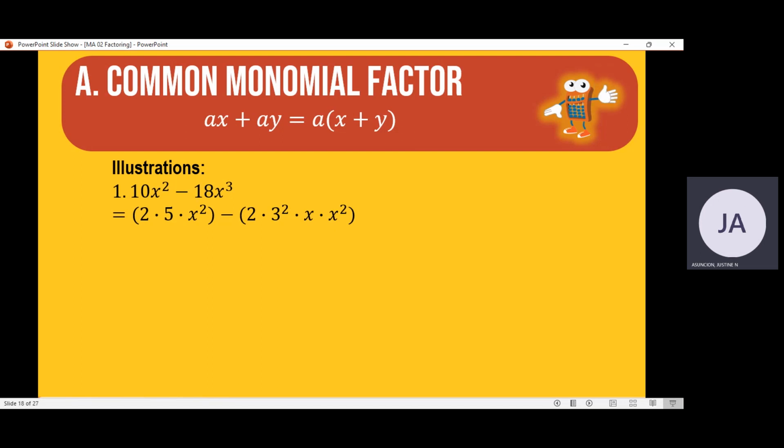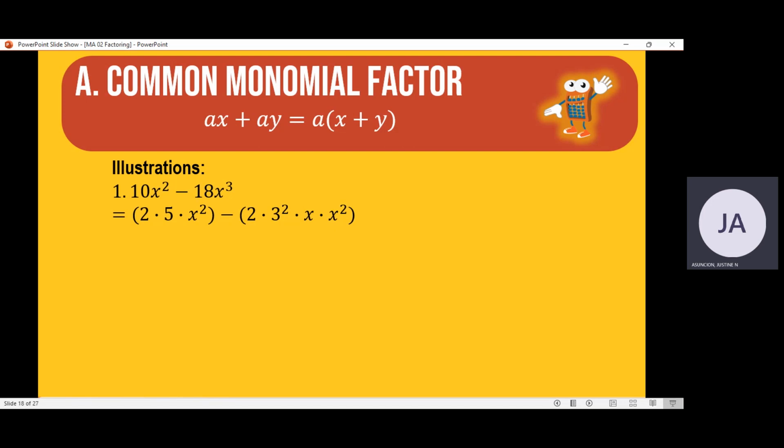And x cubed can be expressed as x times x squared. Given these two terms, we need to identify the common monomial factor, its greatest common factor. As you can see here, we can have 2 and x squared as our common monomial factor.